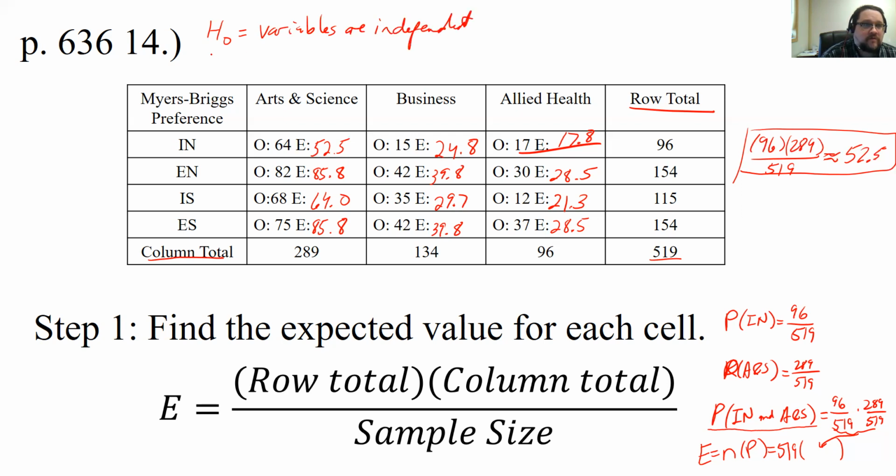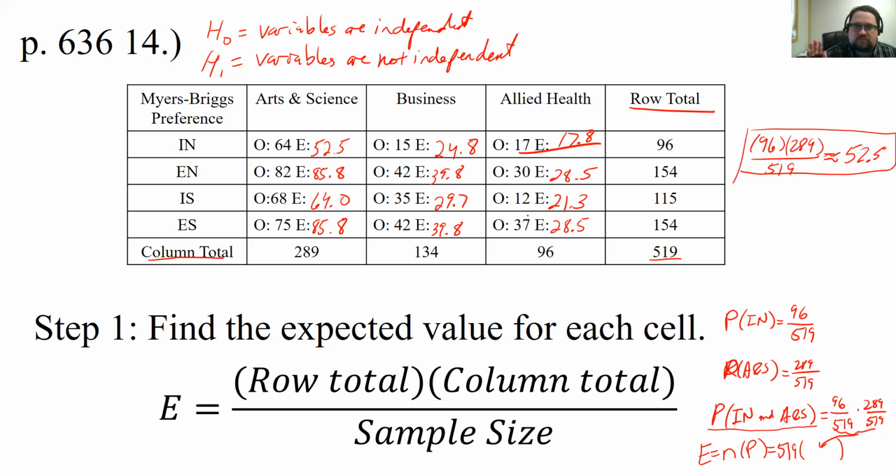And the alternative is the variables are not independent. Now, notice we're not testing to see if they are causal, that one of them is causing the other. We're just looking for maybe some kind of correlation, inverse or direct, but that they're not independent.